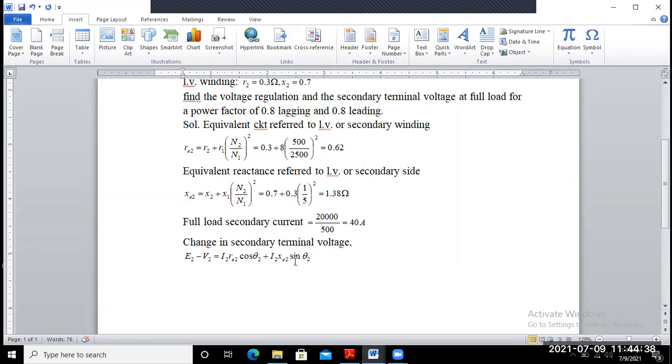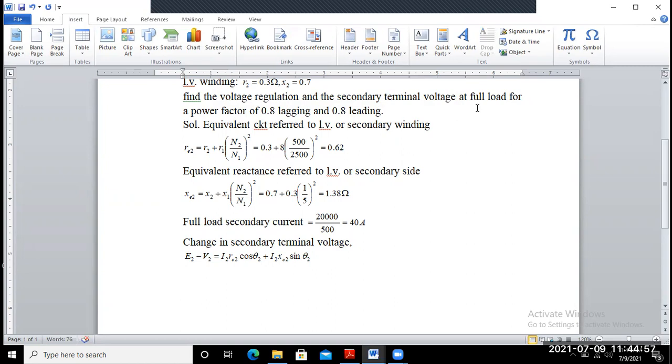Then sin theta 2 is the square root of 1 minus cos square theta 2, that means equal to 0.6. Now just put all the parameters in this equation and you will find the value of E2 minus V2.